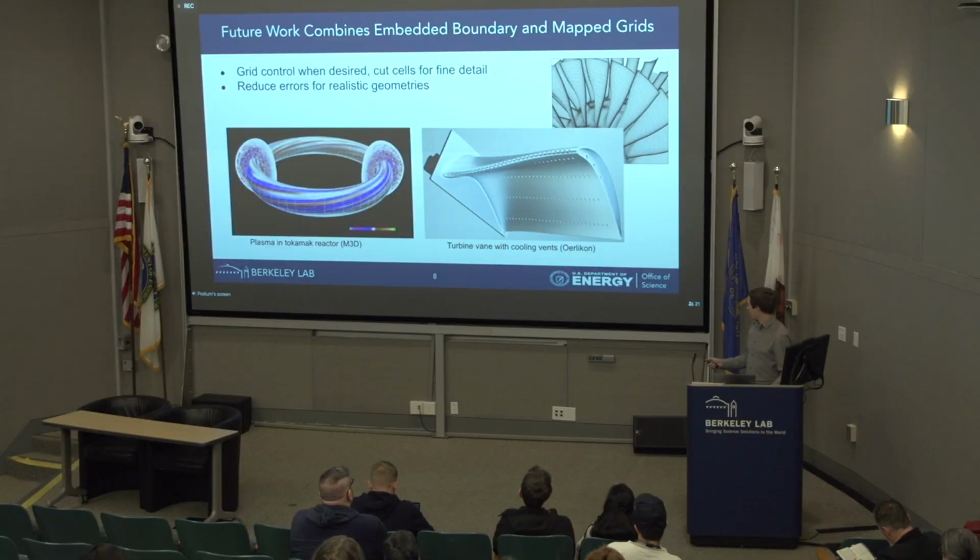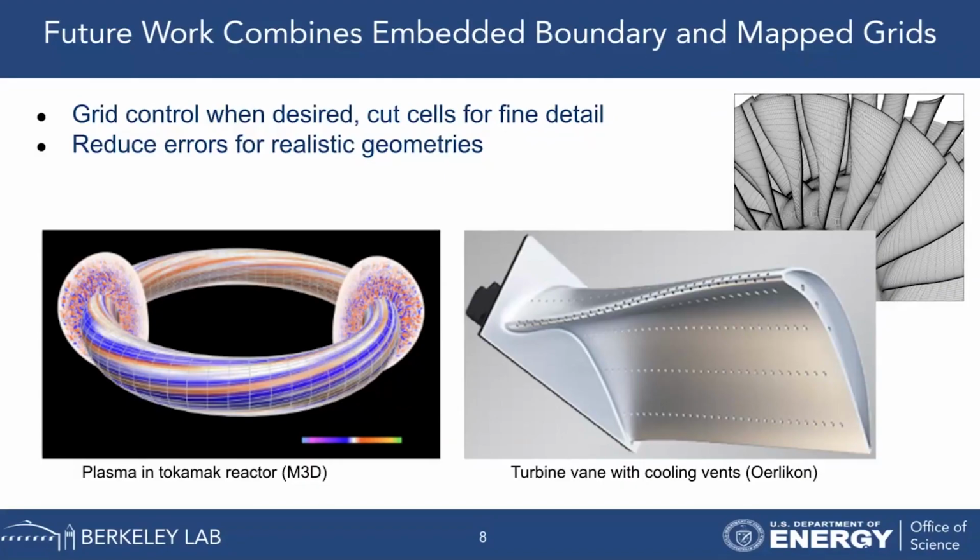But in reality, we might have cooling vents to keep these things working, or screws, or sharp edges that actually have to happen in practice, and modeling these can make a difference in what the flows look like. So ideally, we could use a map grid approach to get the large scale features that we can tailor things around, and then fall back on embedded boundary methods to capture the fine details when we have to, which would be hard to do otherwise.